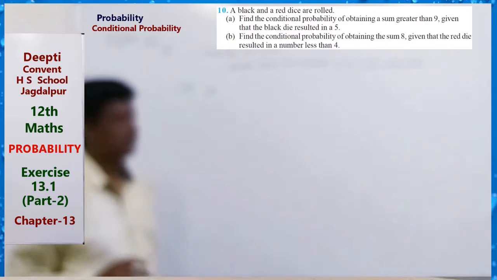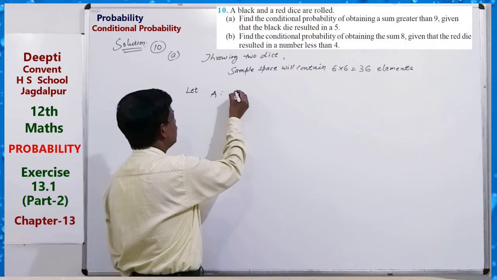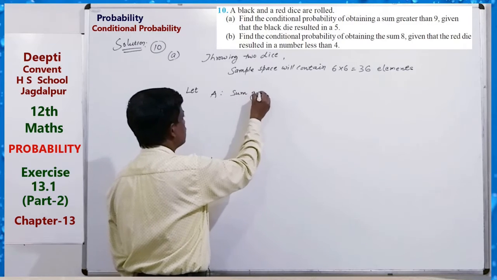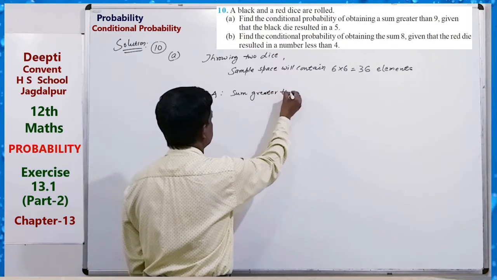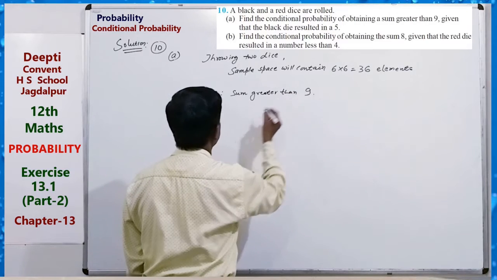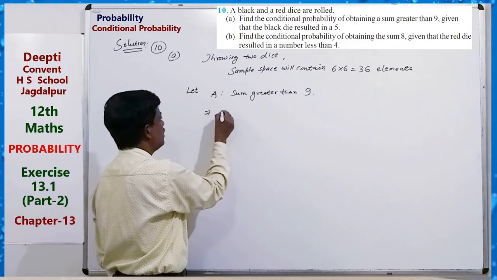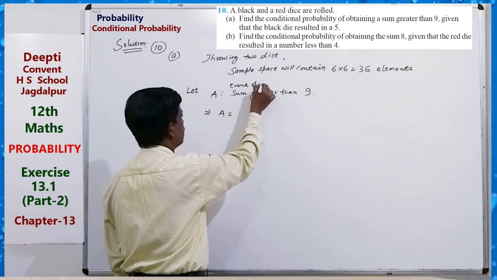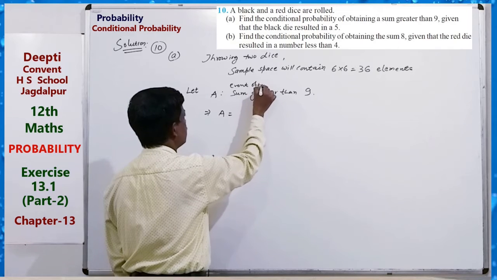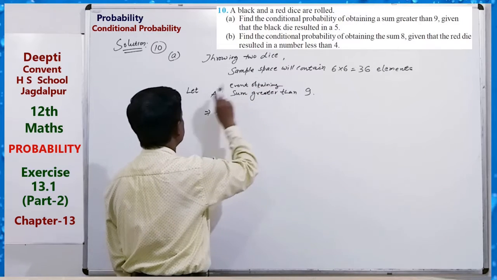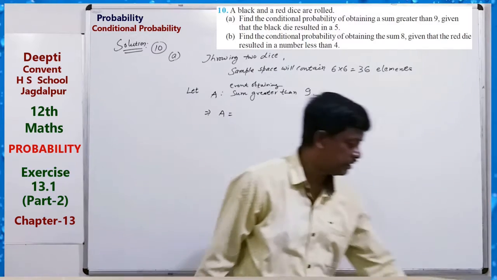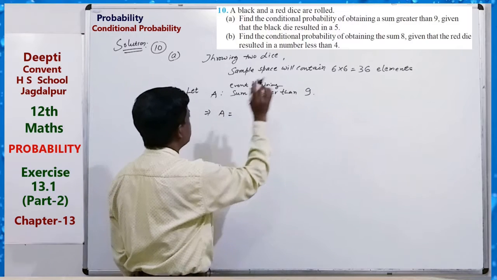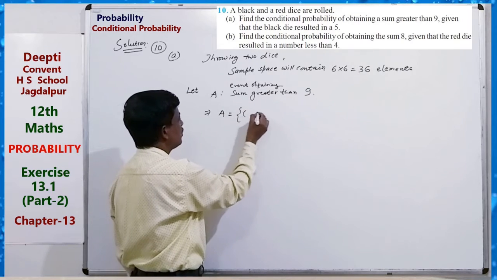The event A of obtaining a sum greater than 9 will contain what?